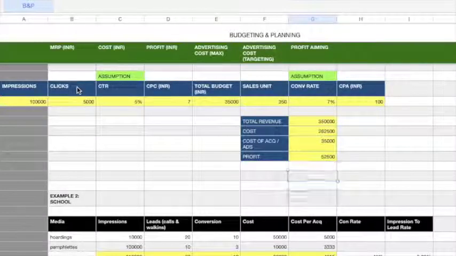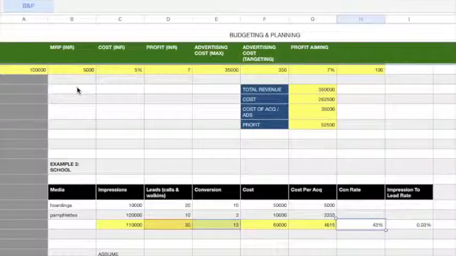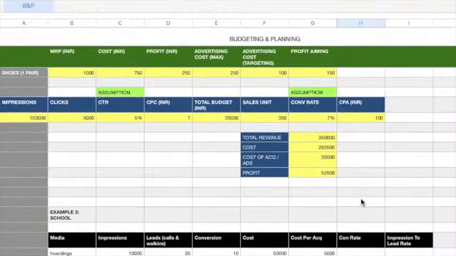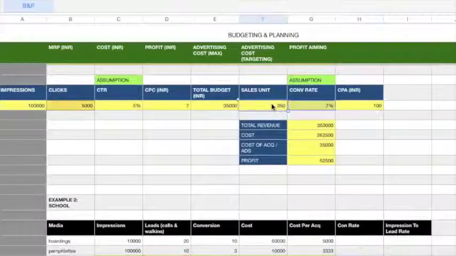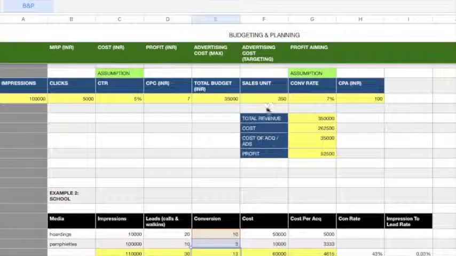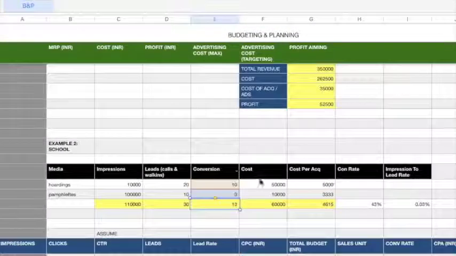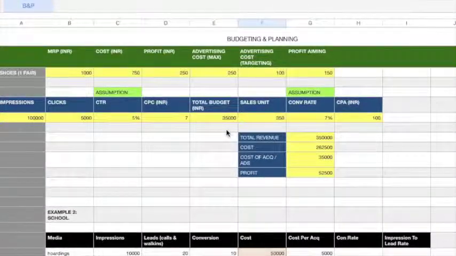So conversion rate we already have, which is 43%, which we can put here. How many sales, which means how many admissions, conversions total, we have that number also here. We can put it here. Total budget 60,000 we can put it here, right?